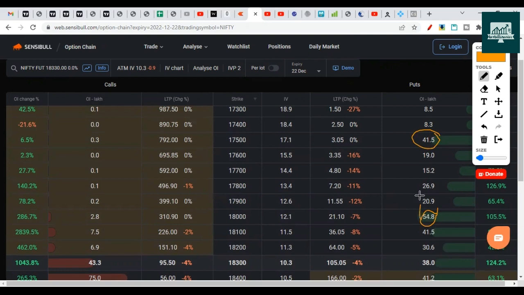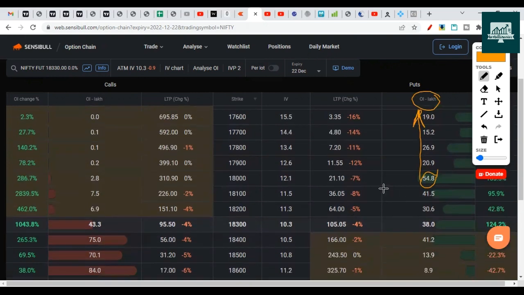I did all my studies and I have come up with this analysis. This is what the option chain path tells us: if we break 18,300 in the next session and close below it, it's going to go here.